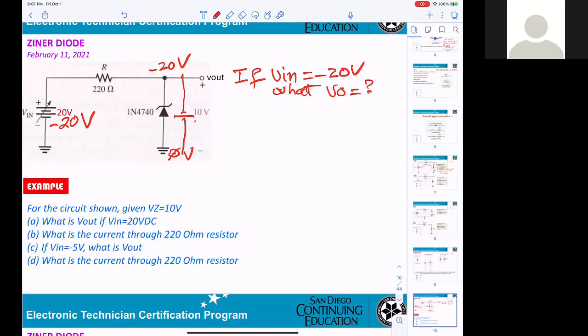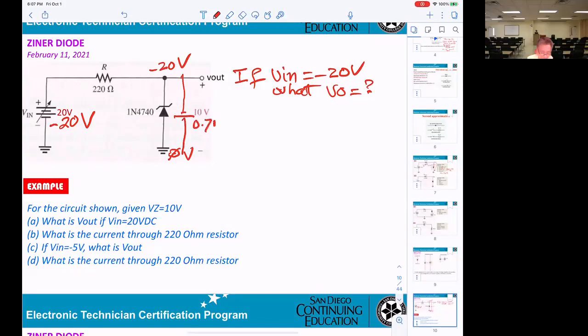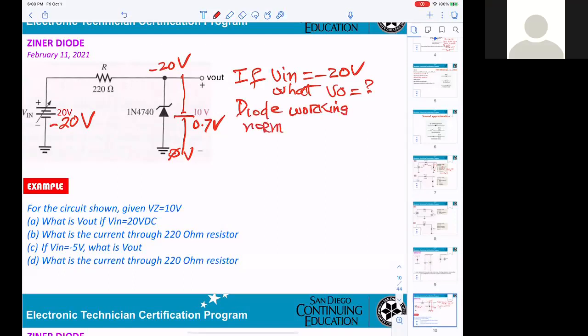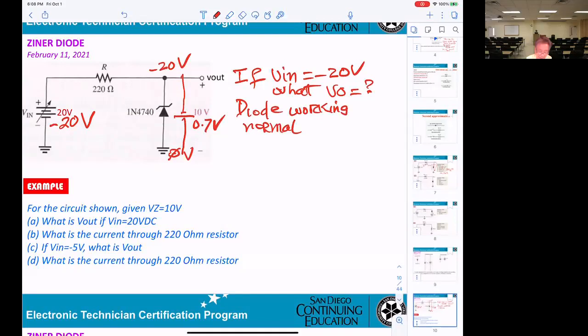So it's minus 0.7 or something? Exactly. Okay. So I can say the diode is working normal. The anode is more positive than the cathode. So that makes it forward bias. Exactly.